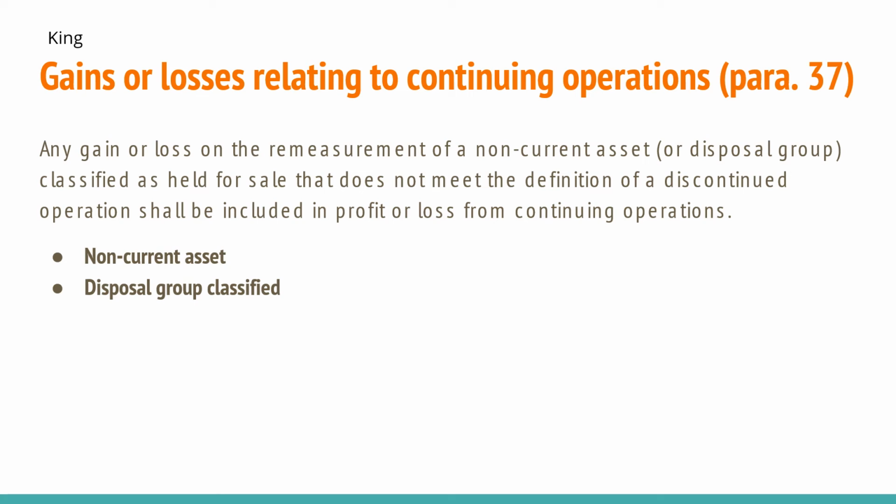The intention appears to be that all gains and losses relating to any particular asset or disposal group should be presented within the same caption, not that gains or losses on all items held for sale should be aggregated within a single caption.